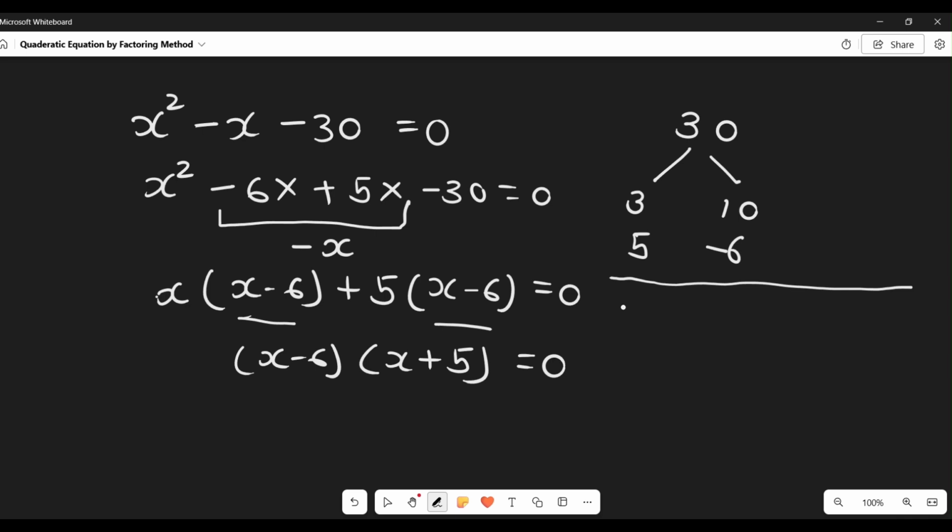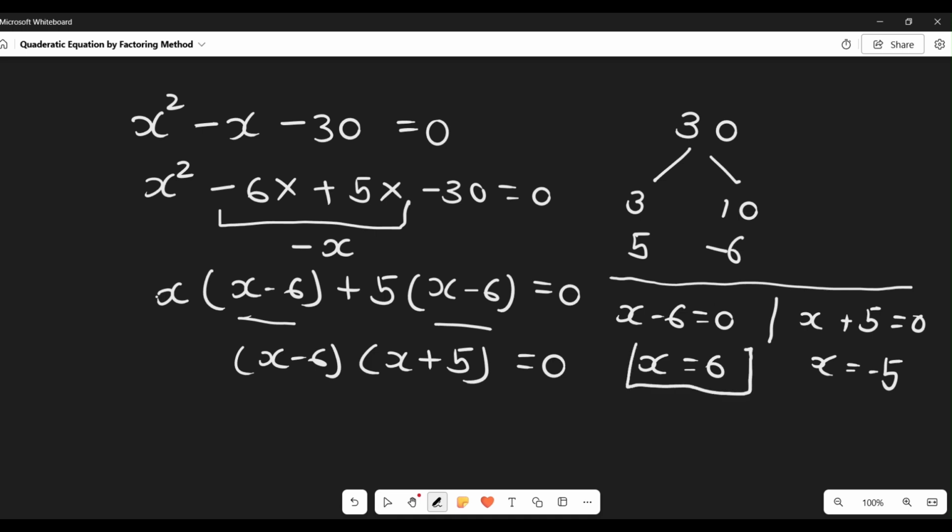Now here either x − 6 = 0 or x + 5 = 0. So here x = 6 or x = −5. So for this equation either x = 6 or x = −5.